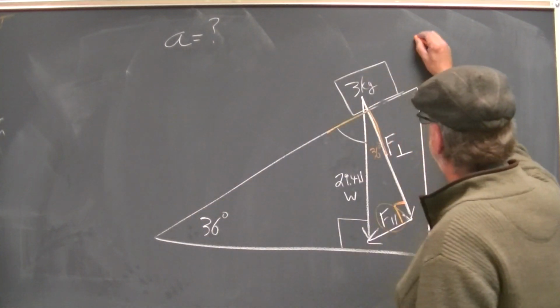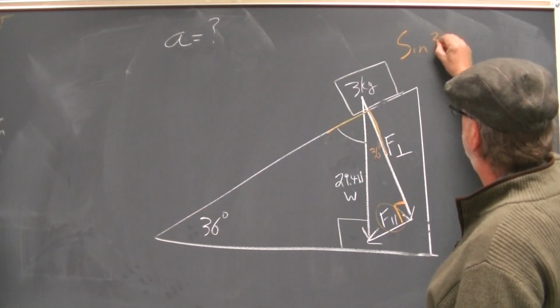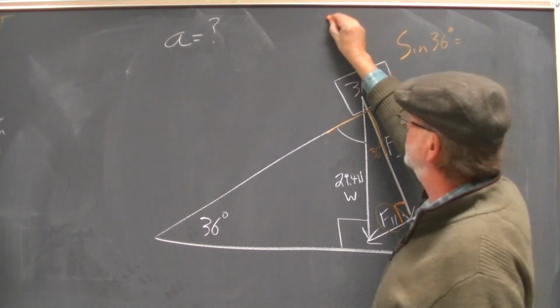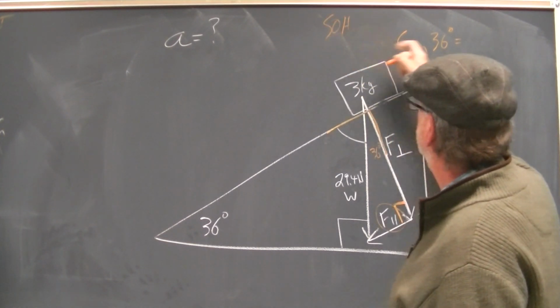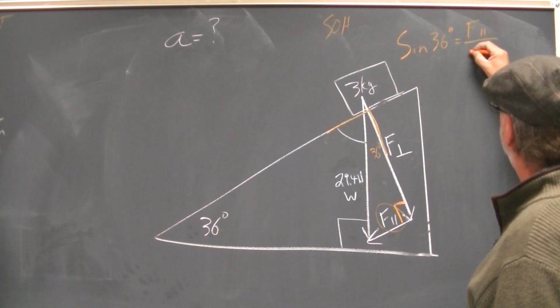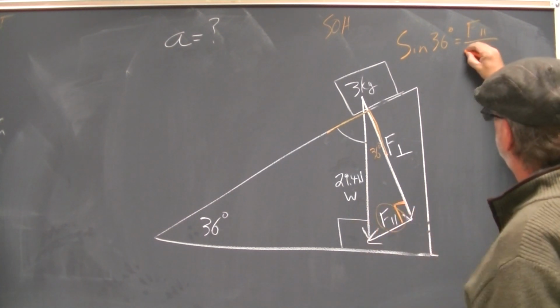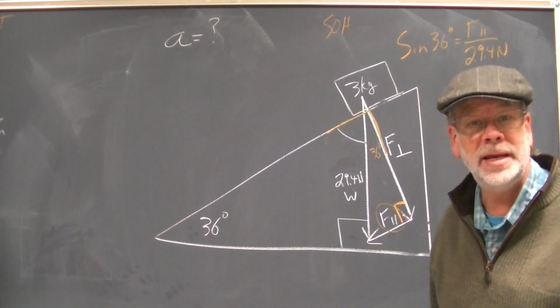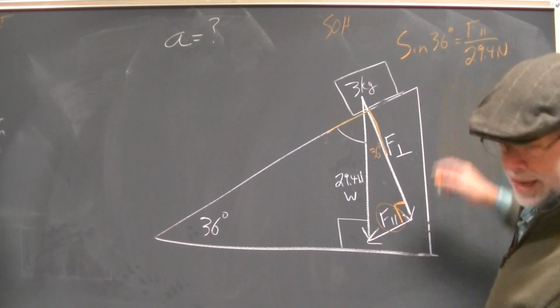So what would we use? Correct. Sine of 36 degrees equals, well, let's see, SOH. Good. Sine equals opposite, that's force parallel, over the hypotenuse, which is 29.4 newtons.